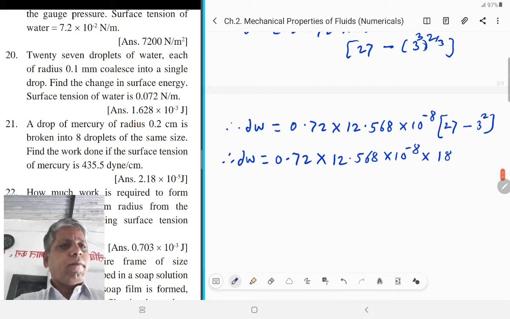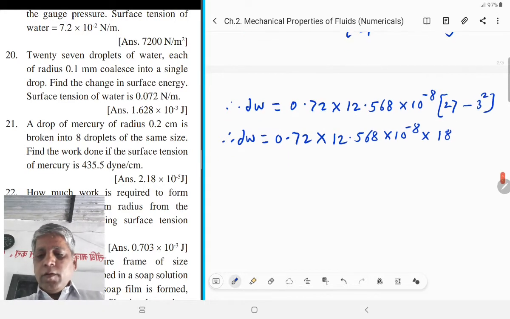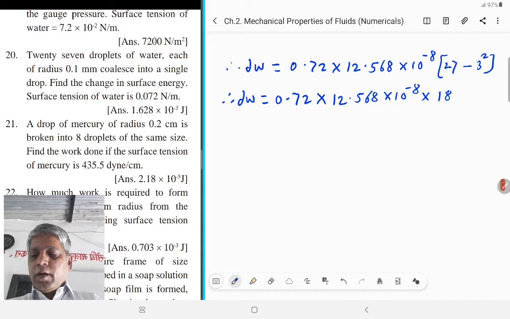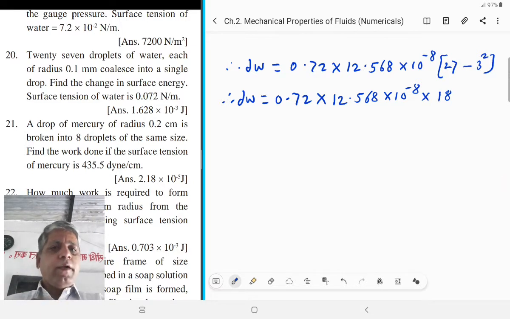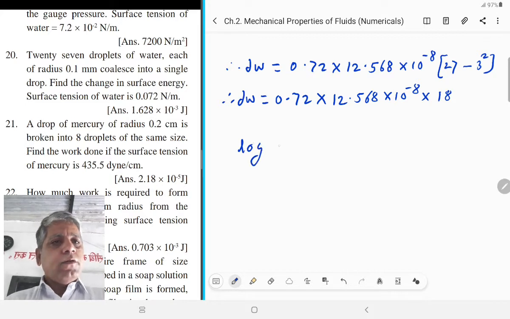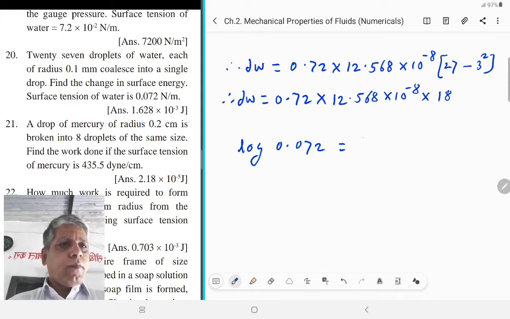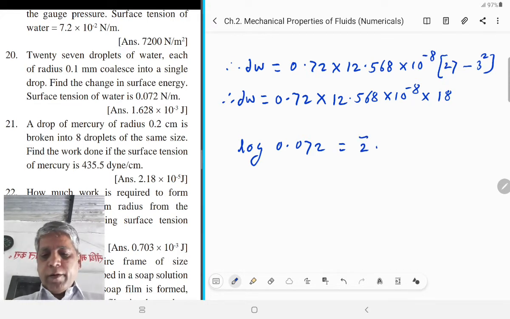That is 18. Now take the log of 0.72, log of 0.72, that is equal to bar 1.8573.